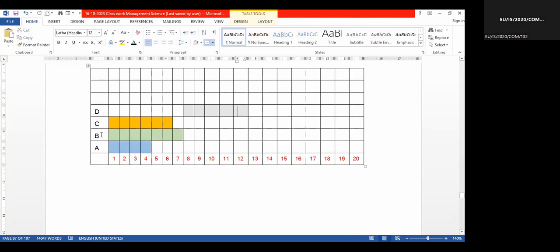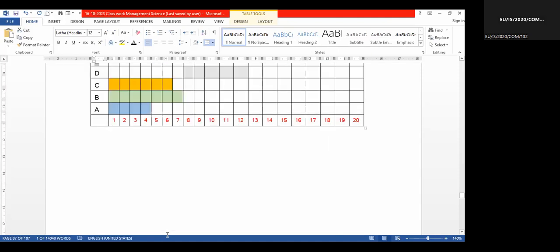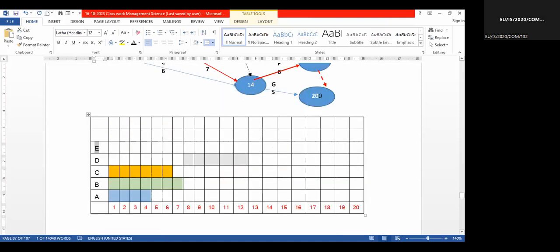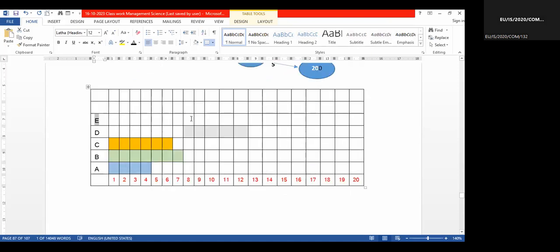Next activity, A, B, C, D, E. E is how many days? 7. And E also starts after completing A and B, isn't it? After completing A and B, E also starts, that is after 7 days.